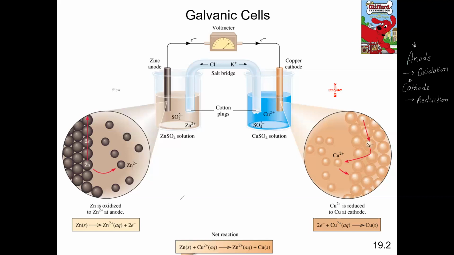Okay, now this is your zinc metal. This is the zinc anode. Can you see the anode? Dipped in zinc sulfate solution. This is the copper cathode dipped in copper sulfate solution. They are dipped into their own ions in the galvanic cell. Two compartments, anode, cathode, voltmeter.